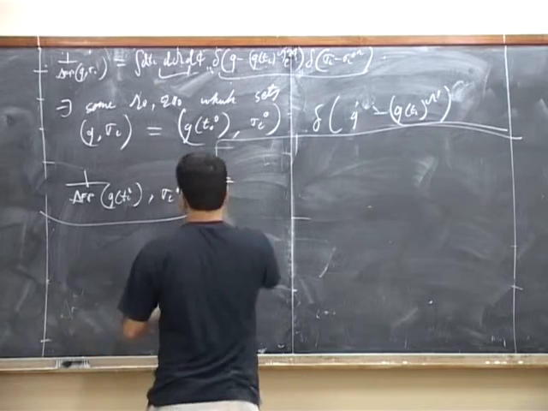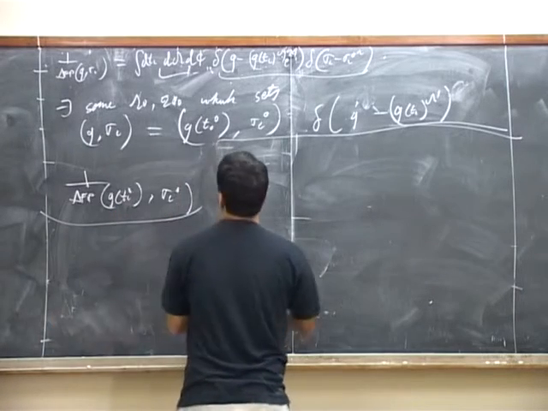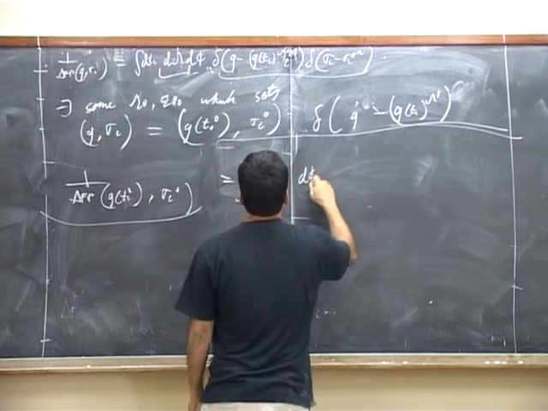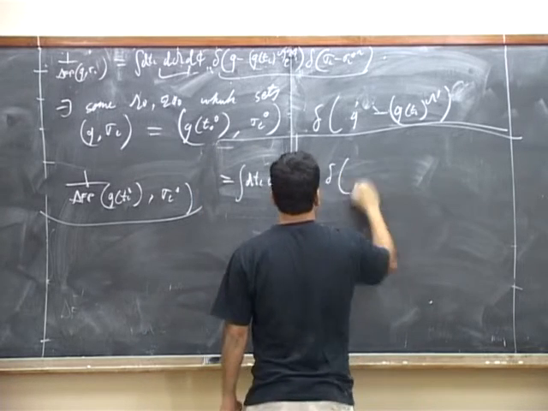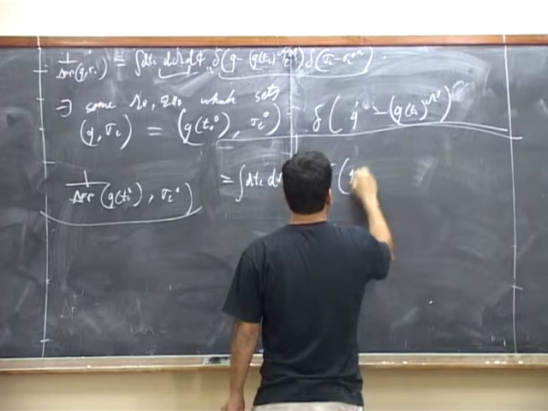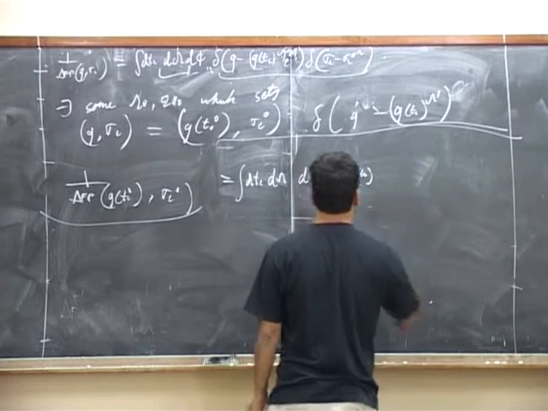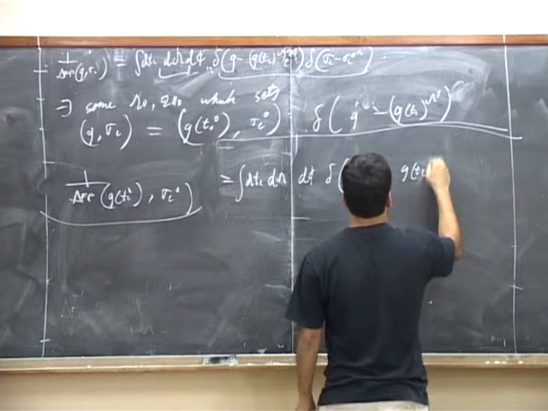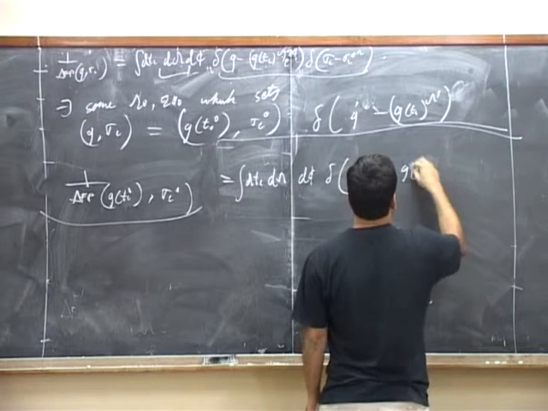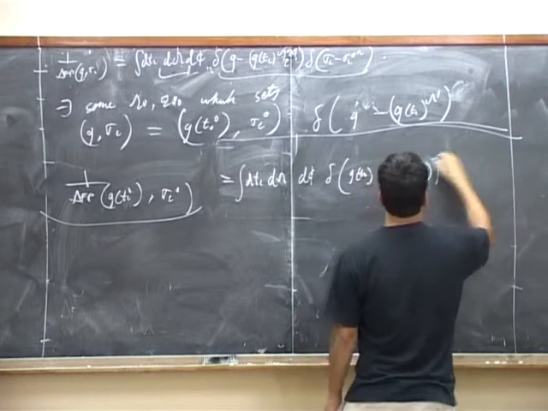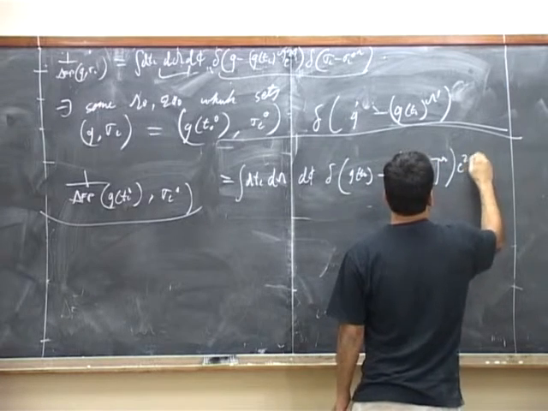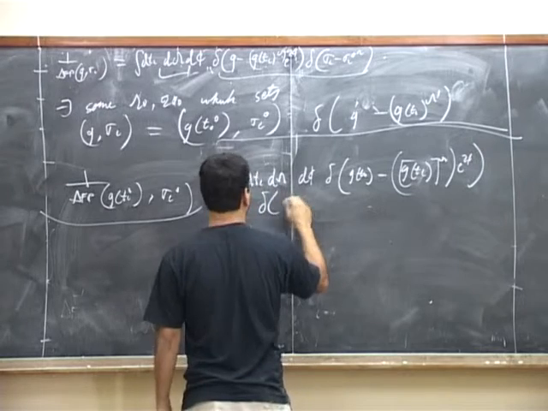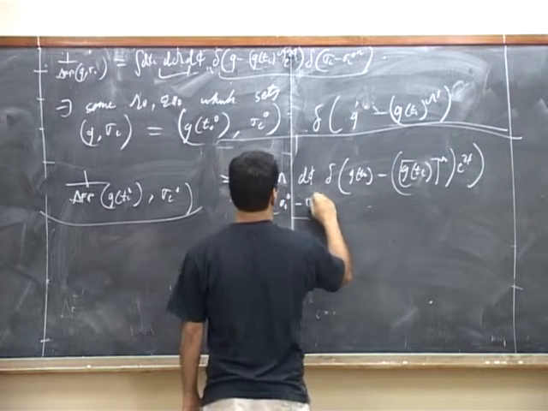So, this is equal to the integral of dt_i, d omega, d phi, delta of G of T naught minus G of T_i omega e to the power phi, and then another delta of sigma_i naught minus sigma_i naught.